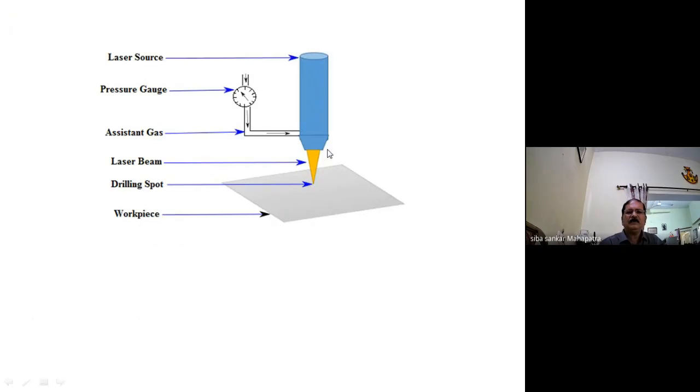So this is the schematic diagram of the laser drilling setup. This is the drilling spot, the laser source, then the laser beam. The assist gas is an inert gas, argon, used to remove the molten material from the hole.